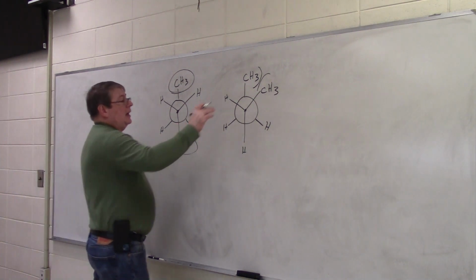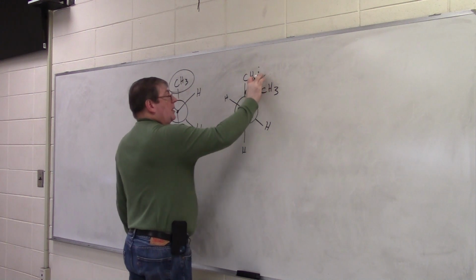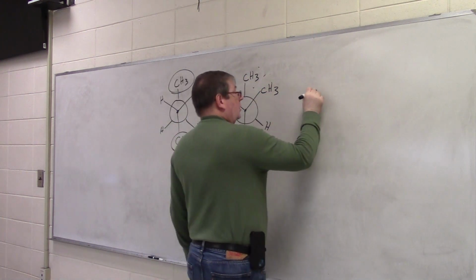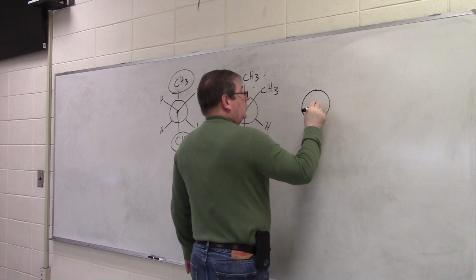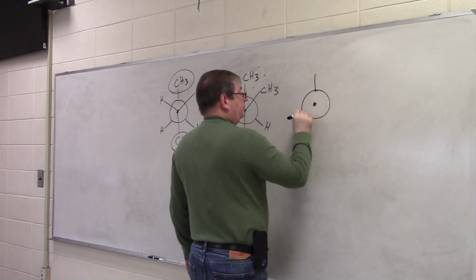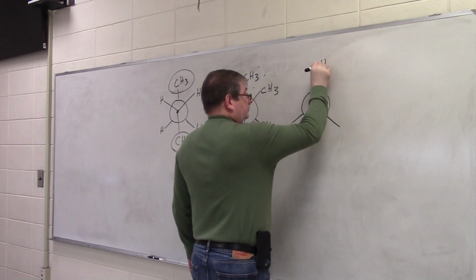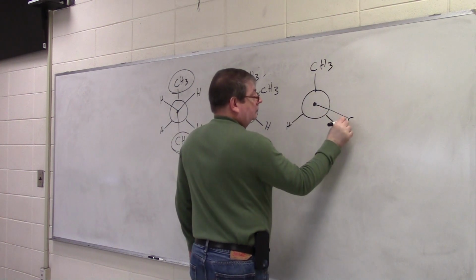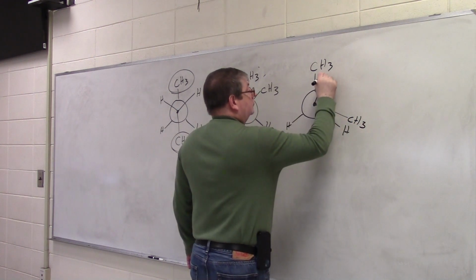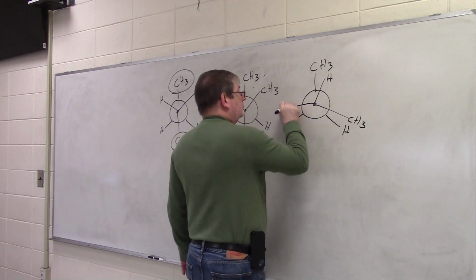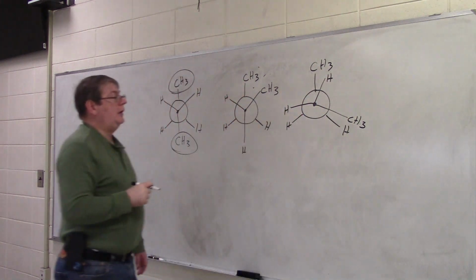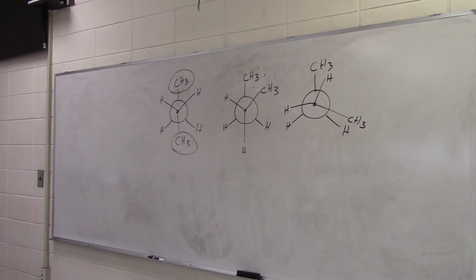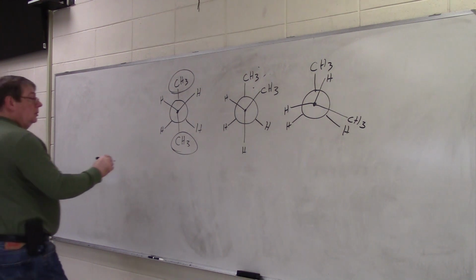Yeah, I could ask all sorts of questions. Maybe I could give you these two, or maybe I could give you a couple more to choose from. So maybe you've got those three, and I could ask you which of those is the most stable. I could ask you which one of those is the least stable. You just identified the most stable.